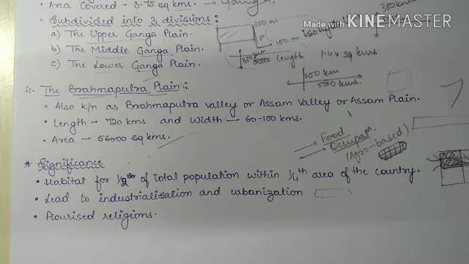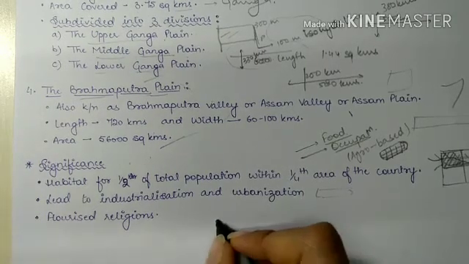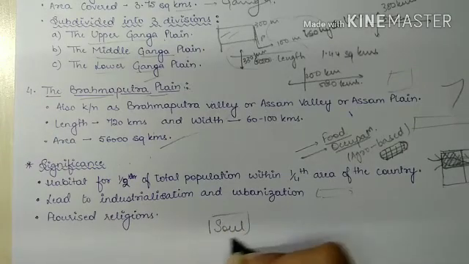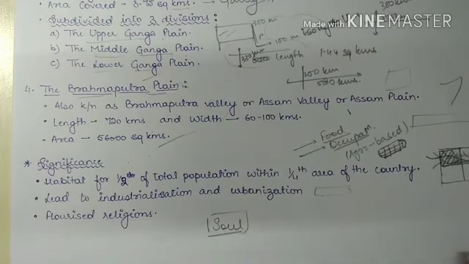This area is basically the heartthrob of India, which constitutes its very soul. So simply we can say that this region is the soul of our country. So this was all about the Great Northern Plain of India.